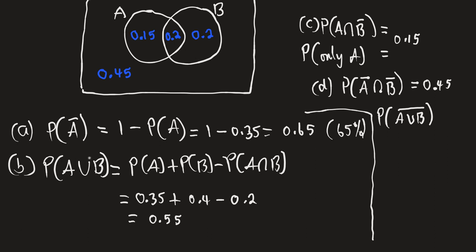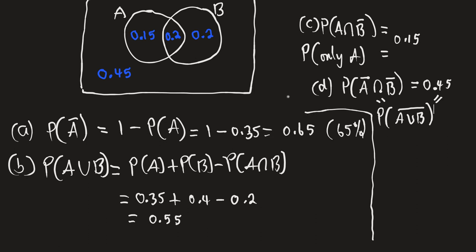We know that the probability of the union is 0.55, so the probability of the complement of the union will be 1 minus this, which is exactly 0.45. There are so many ways you can approach these probabilities, and hopefully you're starting to see how they all relate.